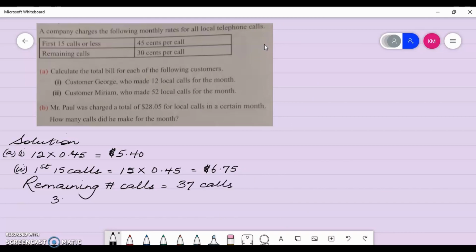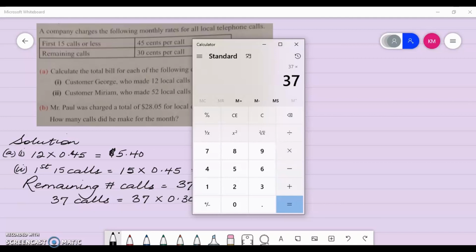So for the 37 calls, she will be charged 30 cents per call. So it's going to be 37 multiplied by 30 cents. And we are going to get $11.10.